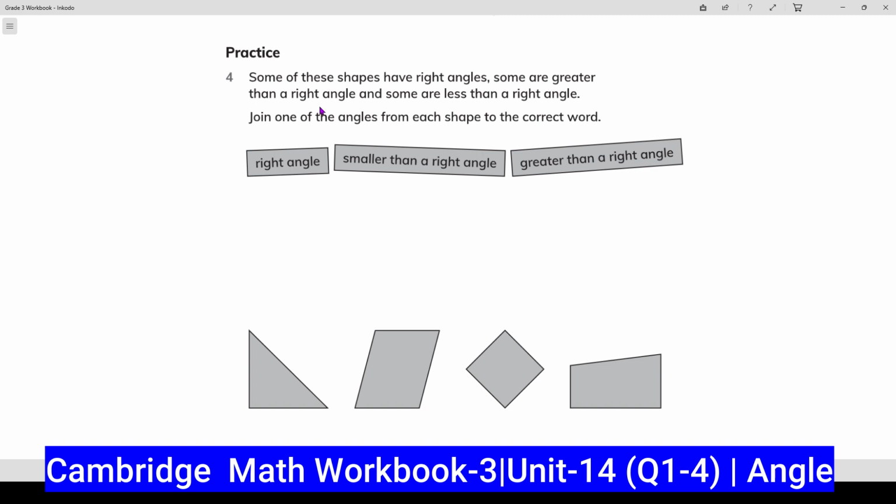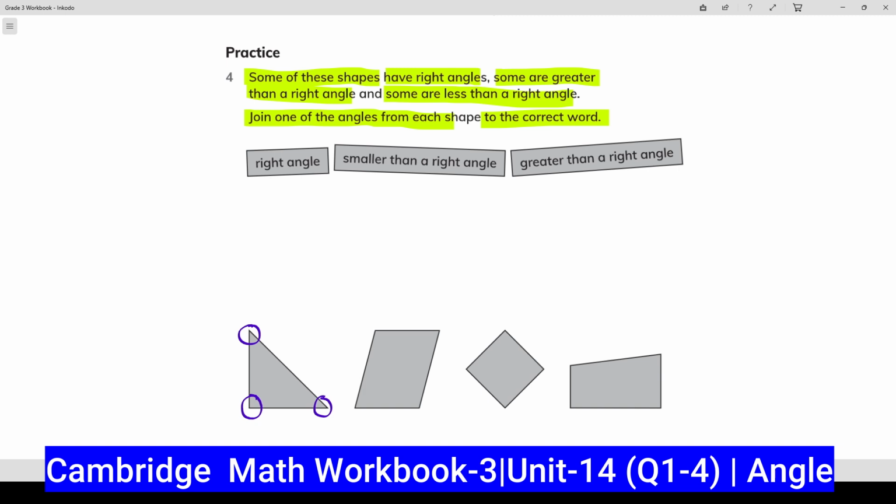Question 4. Some of these shapes have a right angle, some are greater than a right angle, and some are less than a right angle. Join one of the angles from each shape to the correct word. So first one, look, 1 point, 2 point, 3 point.